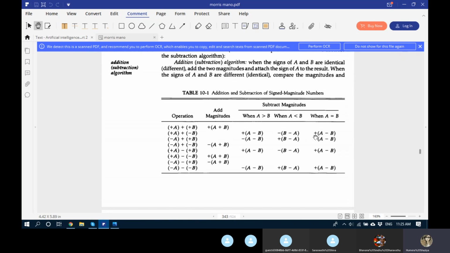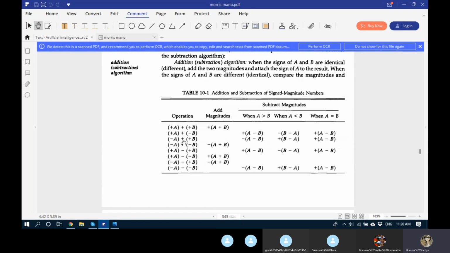You cannot have negative 0. You should have positive 0 only. So whenever you are performing a subtraction operation between two same numbers, their sign must be plus. If I say 5 minus 5, the result should be plus 0, not minus 0. That's why plus is specifically prefixed to this operation.